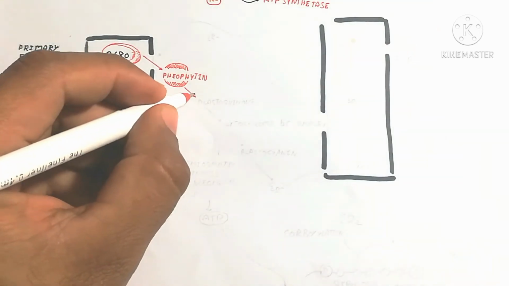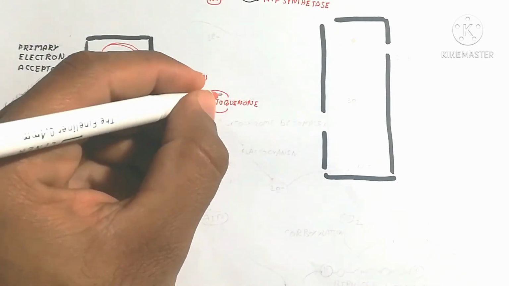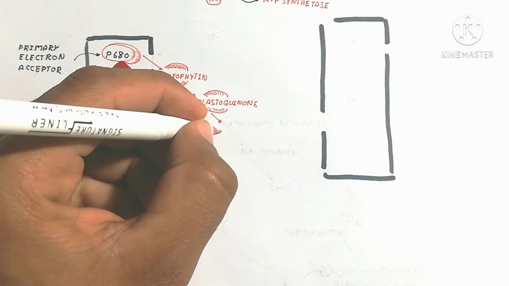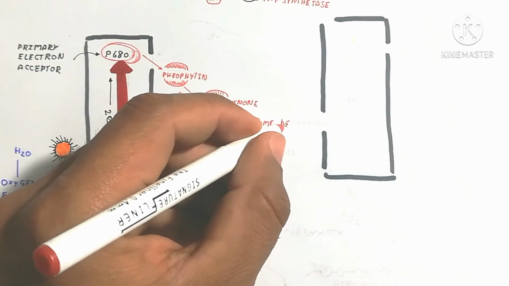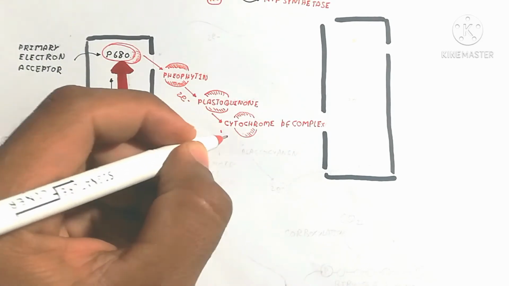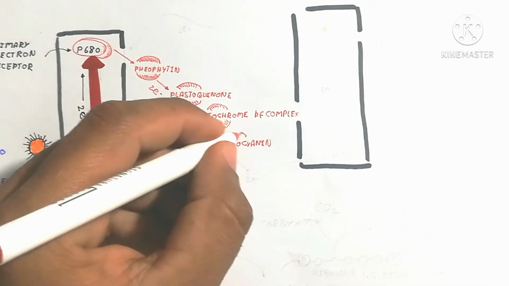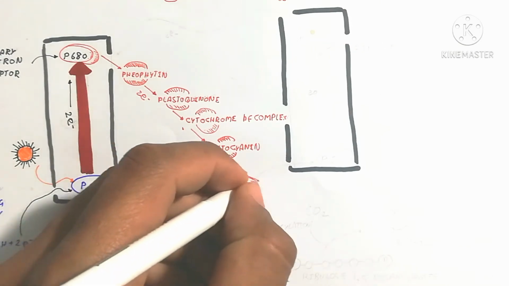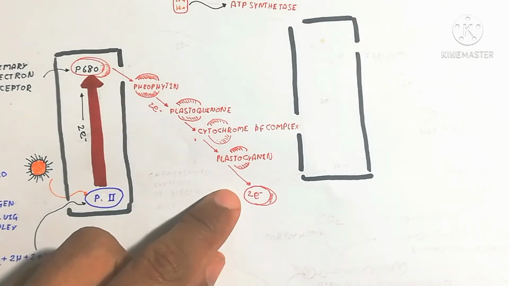This pheophytin accepts the electron, and this energy is further brought down, to low energy, toward plastoquinone. Why? Because low electron energy is acceptable for the cytochrome b6f complex. It does not go back; it is irreversible.